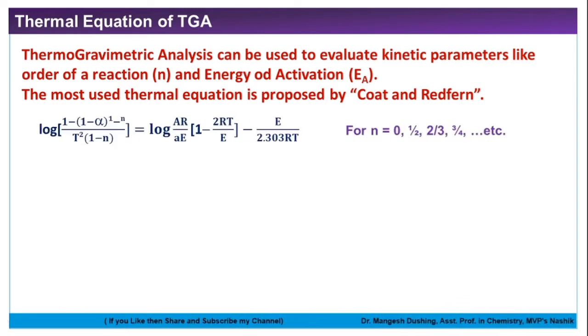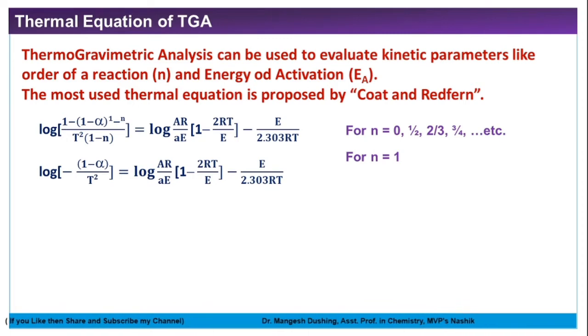Log of [1 minus (1 minus alpha) raised to 1 minus n divided by T square (1 minus n)] is equal to log of AR upon aE [1 minus 2RT upon E] minus E upon 2.303 RT. This is for n equal to 0, 1/2, 2/3, 3/4, etc.